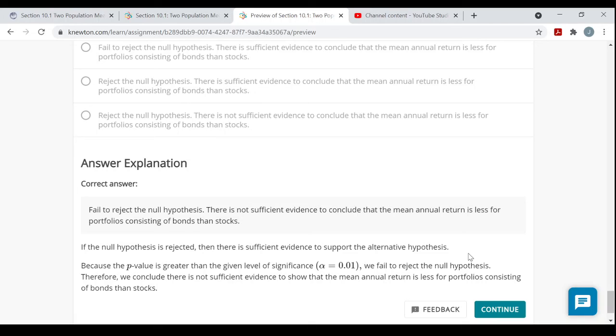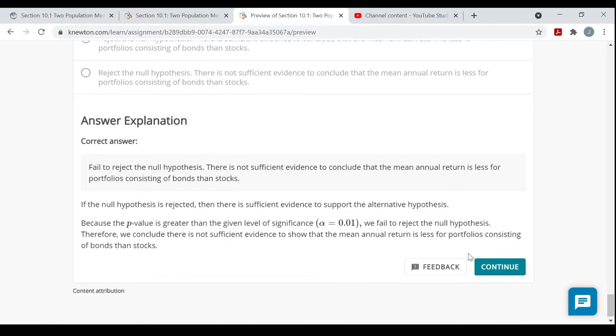Then once you have the test statistic, find the p-value, compare that p-value to alpha, and then you decide if you're going to reject or not reject the null, and then you make your conclusions. So it's the same steps every time. Just a little more here because you have a lot more to pay attention to. Pooled or non-pooled. But it's the same steps really.